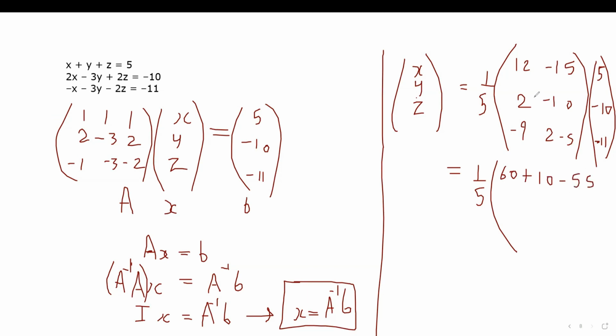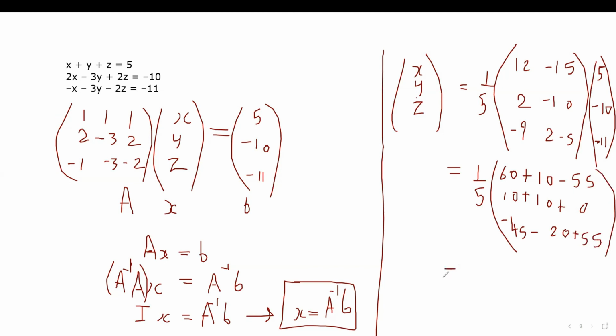Then this becomes 10 plus 10 plus naught, or 0. Then the final row times this column: that's minus 45, minus 20, then plus 55. All right, close the bracket.